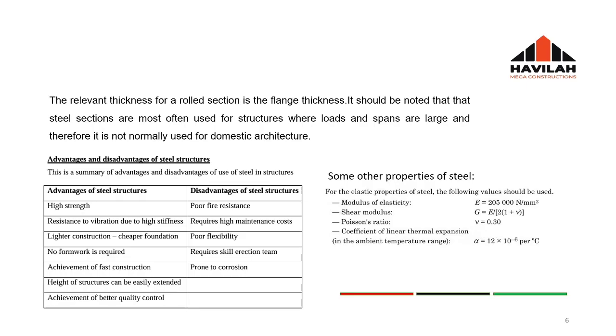And we have the shear modulus G to be E over 2 times (1 plus v), where v is the Poisson's ratio. The Poisson's ratio is 0.30. We also have the coefficient of linear thermal expansion, which is 12 times 10 raised to the minus 6 per degree Celsius.